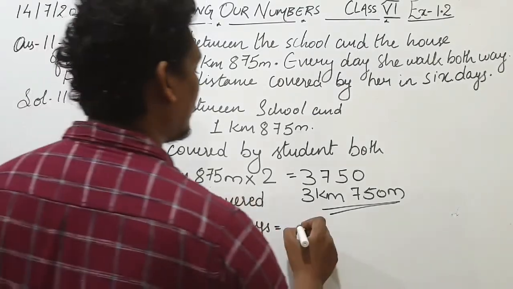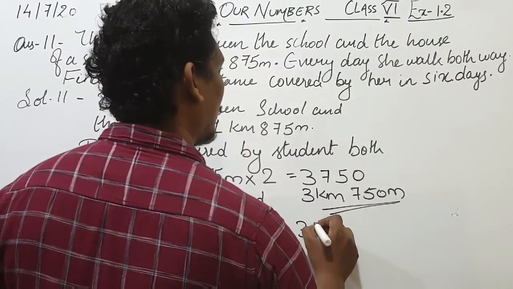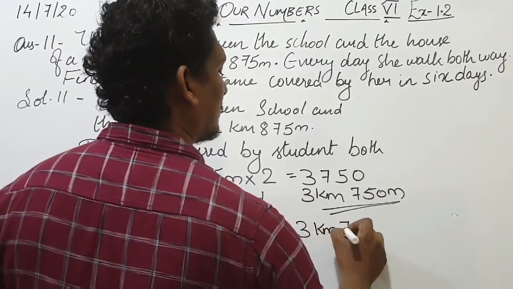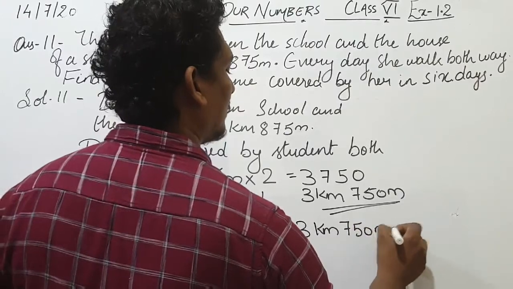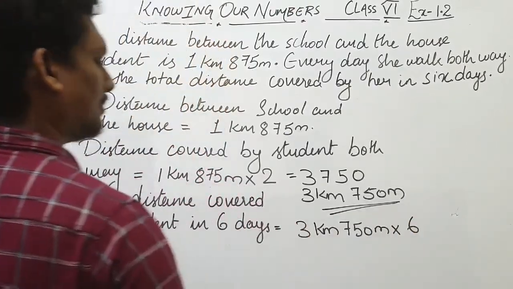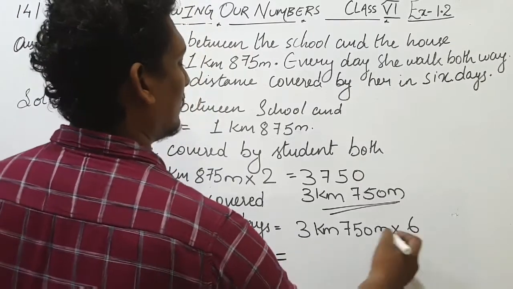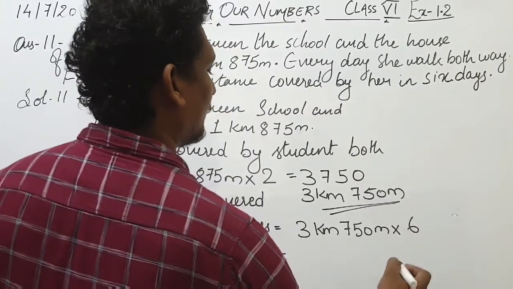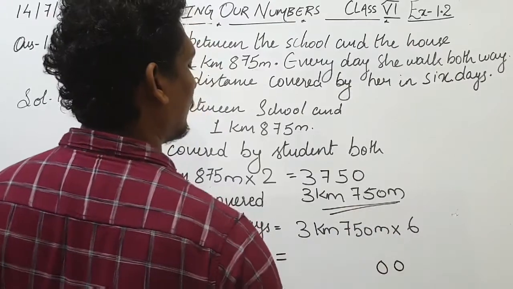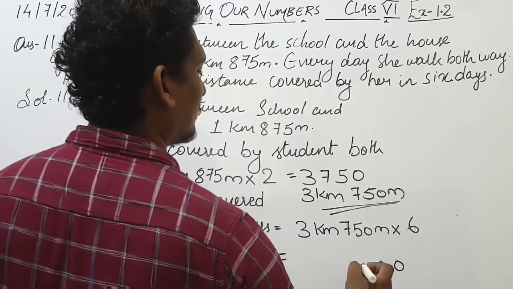So again we have to do the multiplication, 3 kilometer 750 meter into 6. So the answer is 6 zeros are 0, 6 5s are 30, 6 7s are 42, plus 3 is 45, 6 3s are 18, plus 4 is 22.